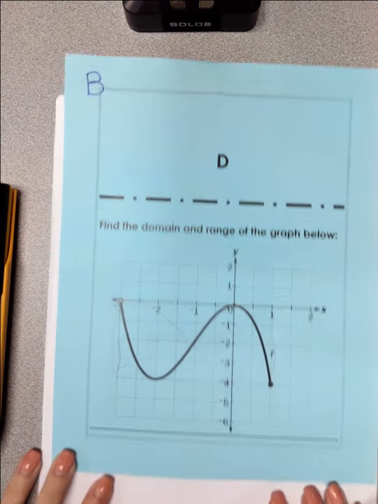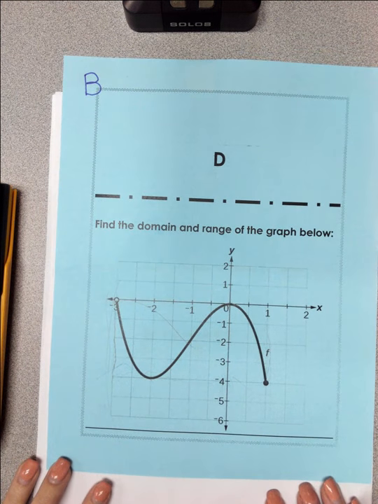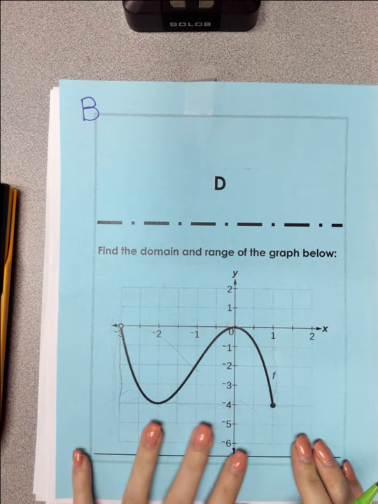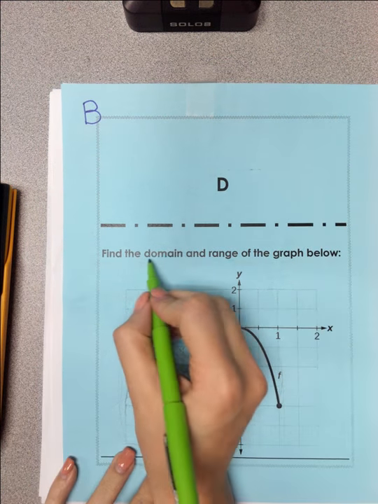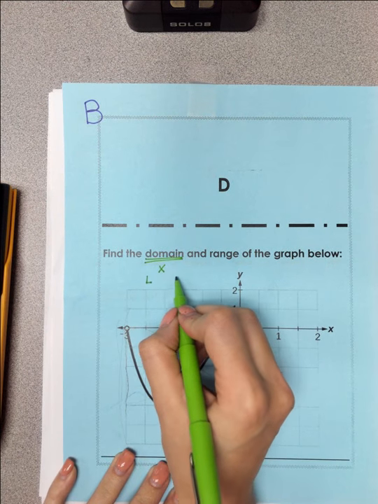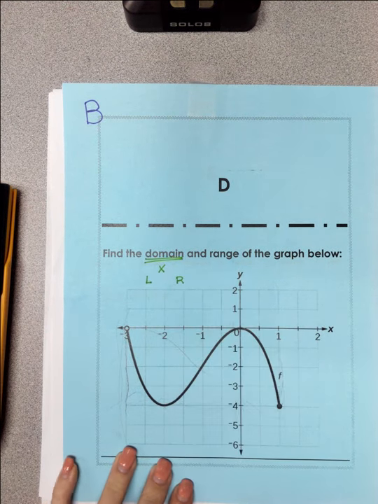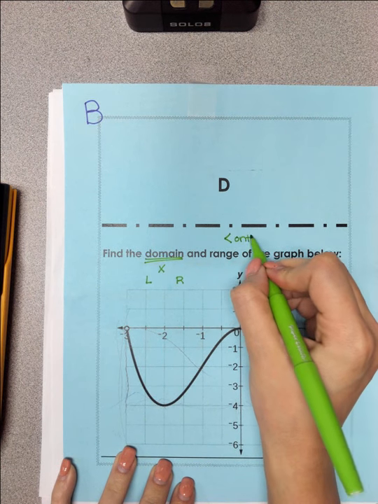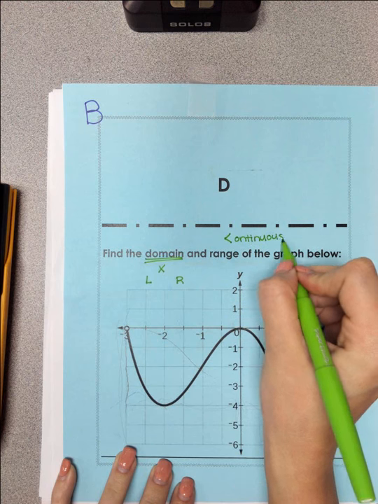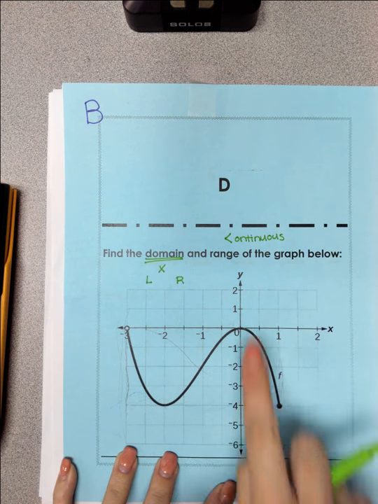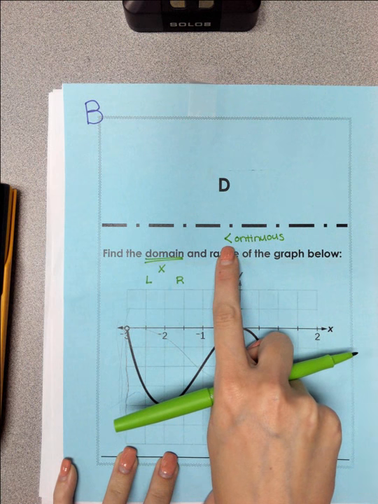Find the domain and range of the graph below. So domain. Okay, so we're finding domain and range. So domain means X, and we're talking left to right. So for this one, since it is continuous, anytime it is connected, you have to have these inequality symbols.